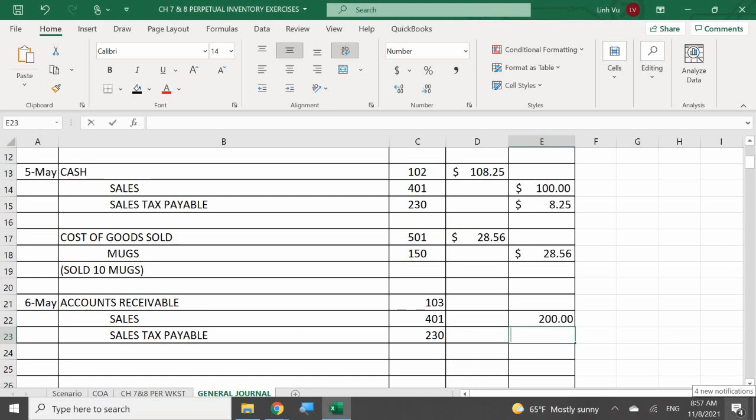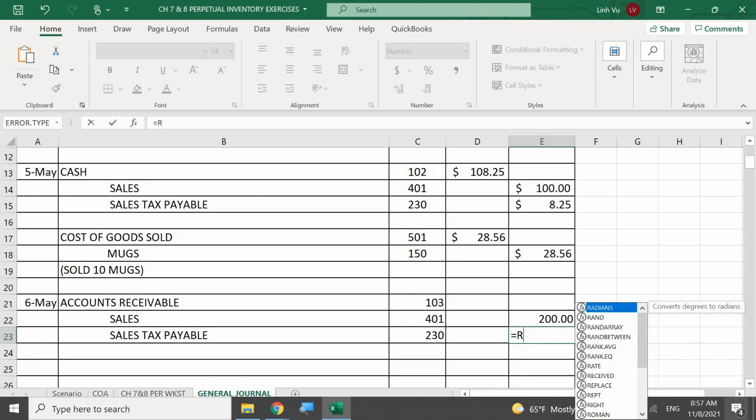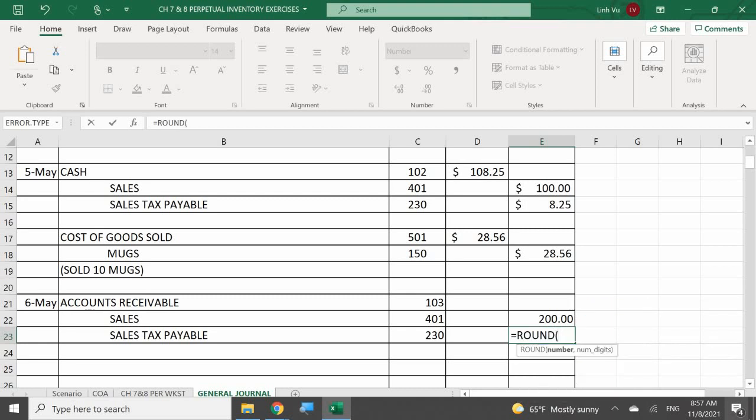How much tax am I going to be charging? $16.50. Sorry, I'm doing my formula here for 16.50.